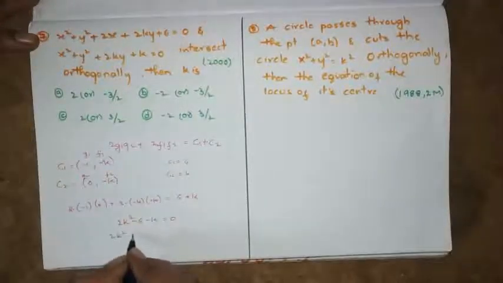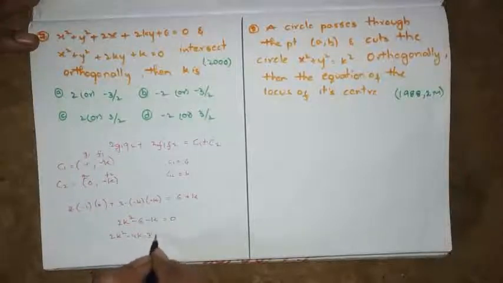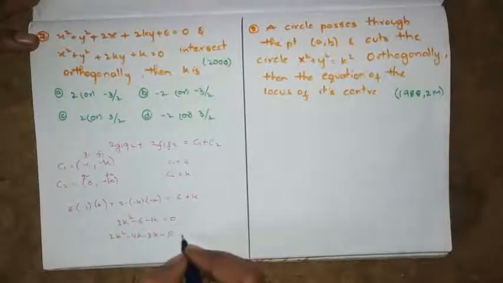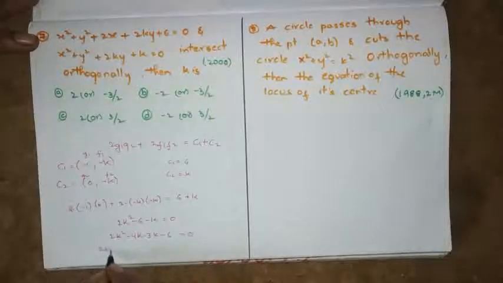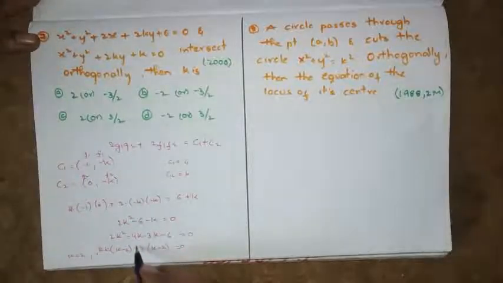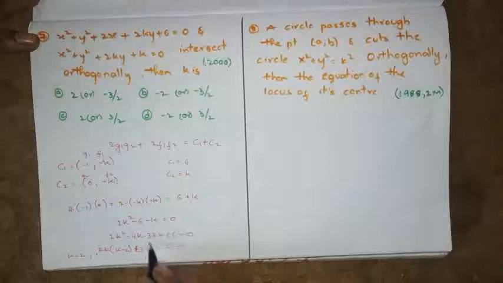2k square minus 4k minus 3k. I am solving the quadratic equation. 2k of k minus 2 minus 3 of k minus 2 is equal to 0. Sorry, here I have to take 3, right?